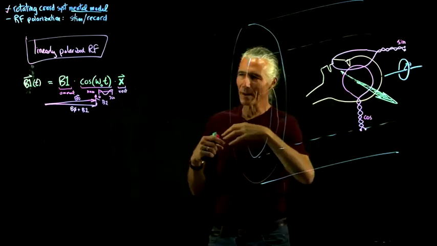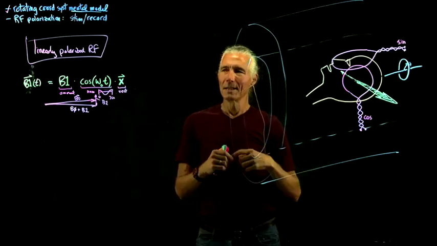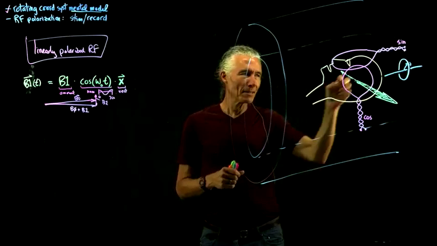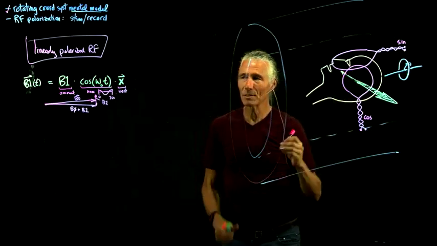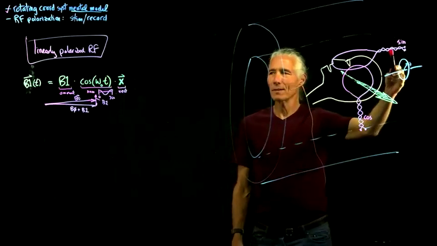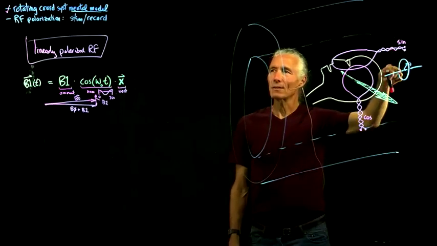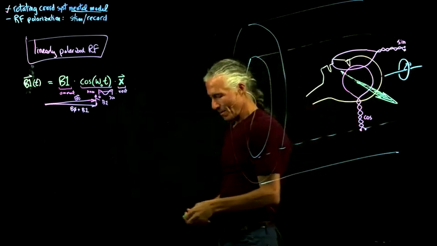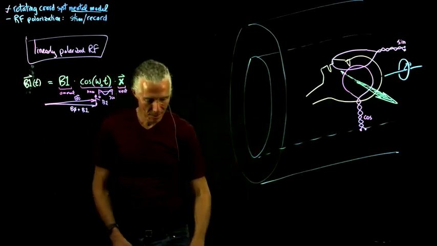They'll be off by a quarter of a cycle, and in that case, right in the head, you'll induce a magnetic field. Instead of just going in and out, it will be a magnetic field that's actually sort of going around in a circle. And so how do we write that out?